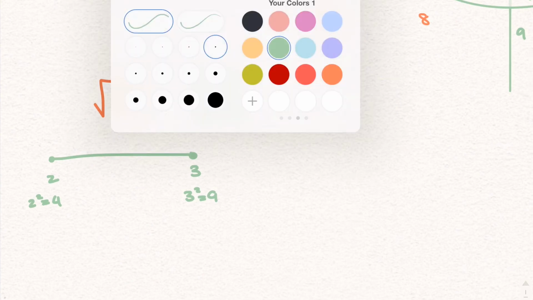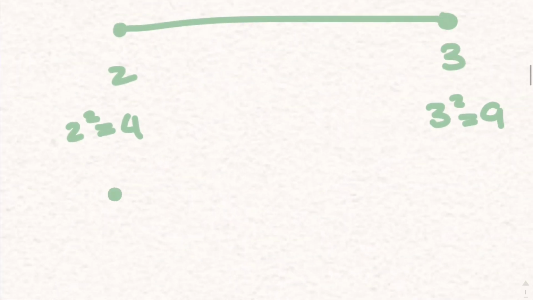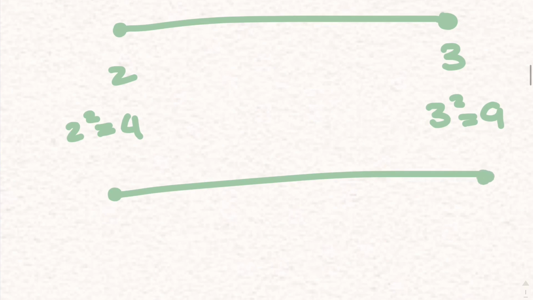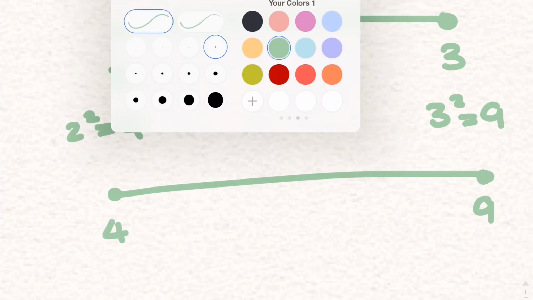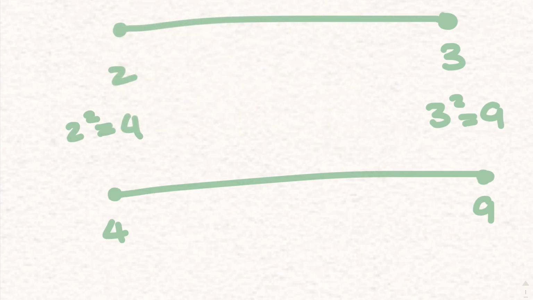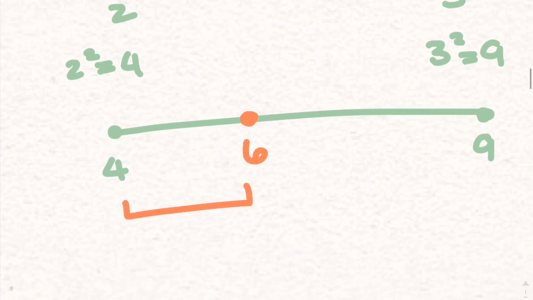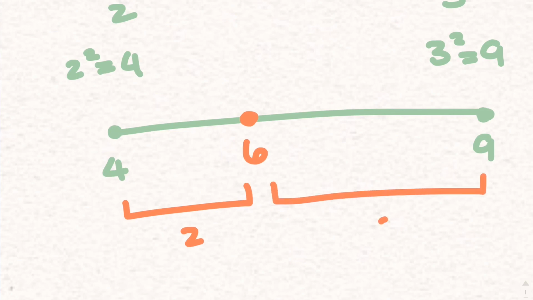And we can make another number line down here for the squares of the 2 and 3, which would be 4 and 9. And then we can plot 6, which will be right here. So 6 is 2 numbers away from 4 and 3 numbers away from 9.